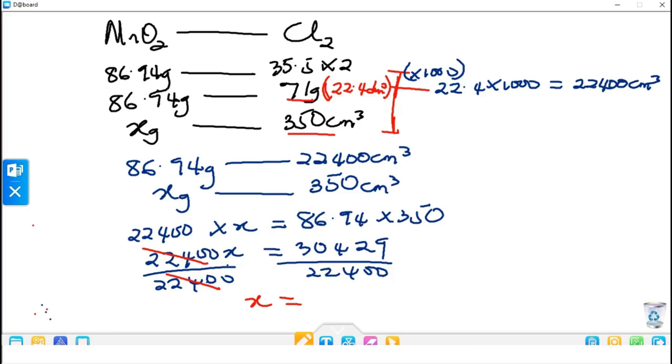That gives us 1.36 grams, approximately. So the mass of MnO2 that will be needed to produce 350 cm³ of chlorine is approximately 1.36 grams.